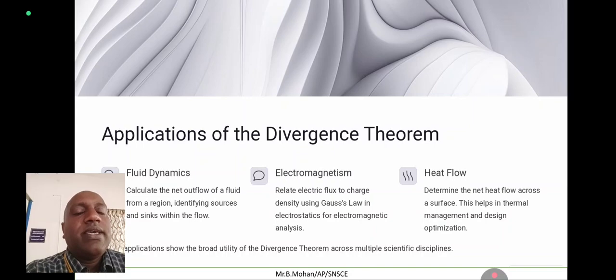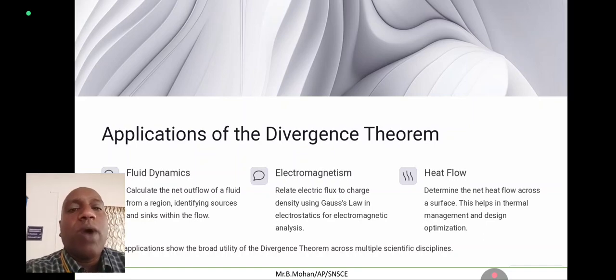And then heat flow. Using the divergence theorem in heat flow, we can determine how heat is flowing and get the value perfectly, the net heat flow across the surface.